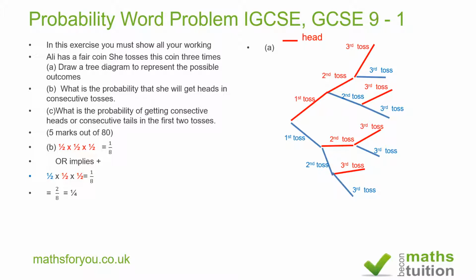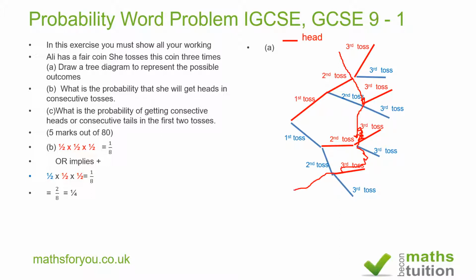Right, now for C, it says what is the probability of getting consecutive heads or consecutive tails in the first two tosses. Right. Now, the first two tosses will be this one here, and this one here.